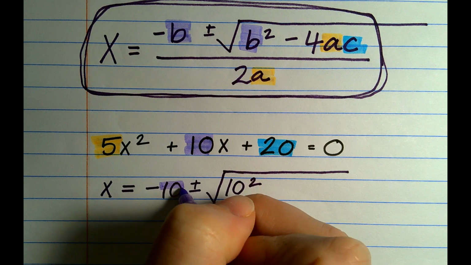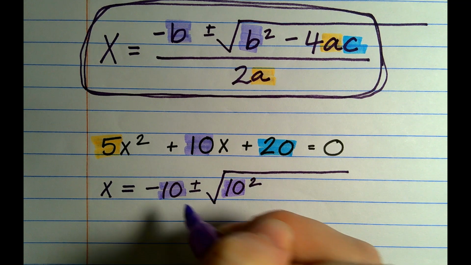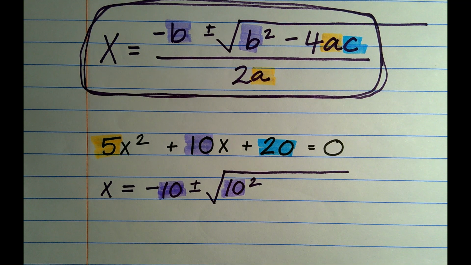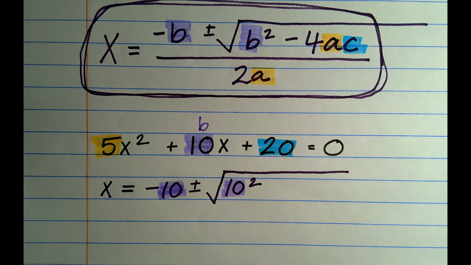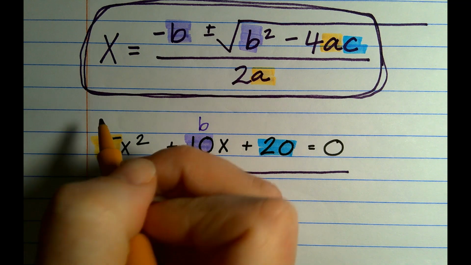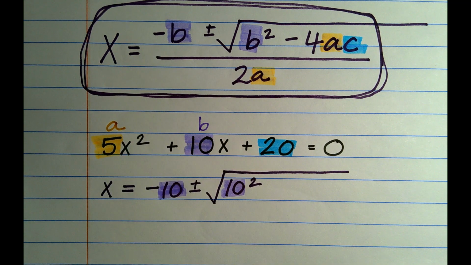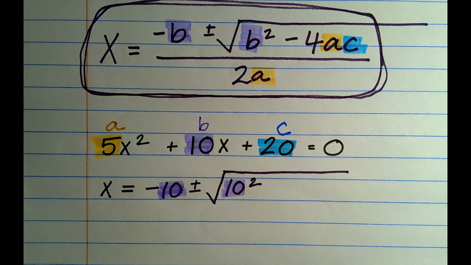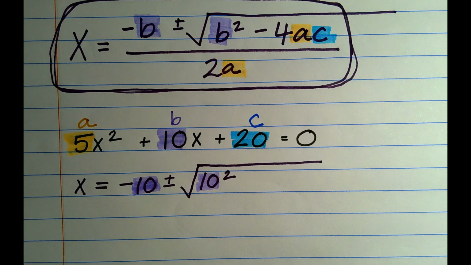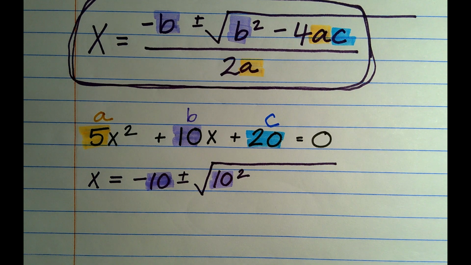And how about this? I'm going to highlight as we go as well. And it might be helpful to write down the letter names. So I'm going to write, this is B, this is A, this is C. Okay.